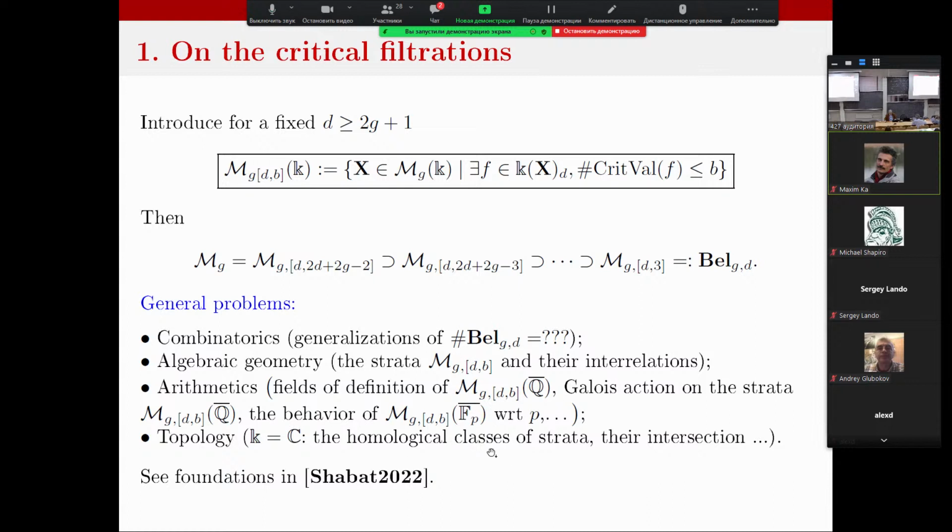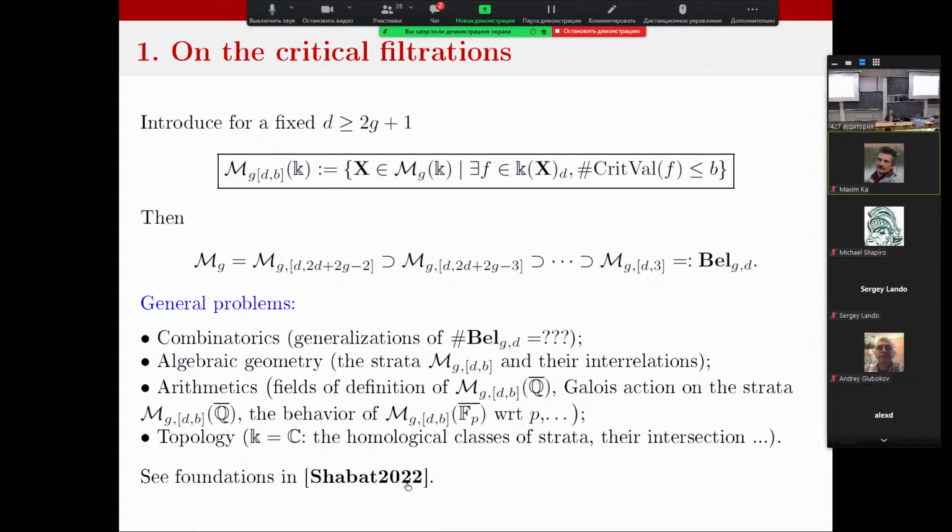And well, the most popular problems of the recent decades, marked by several Fields prizes, concern the homology and their intersections. And well, the hosts of this seminar contributed a lot to this problem.